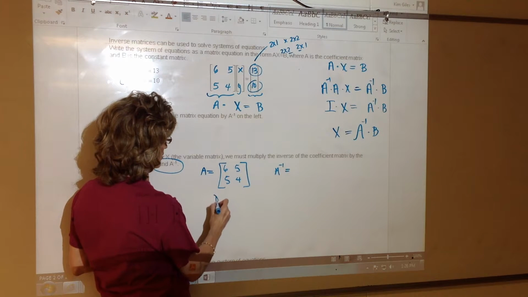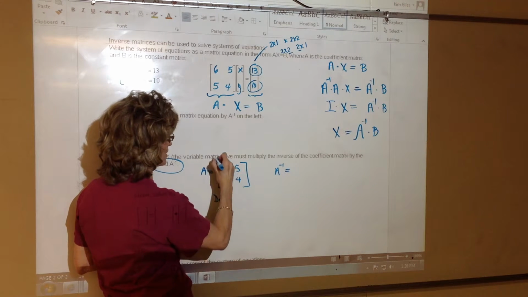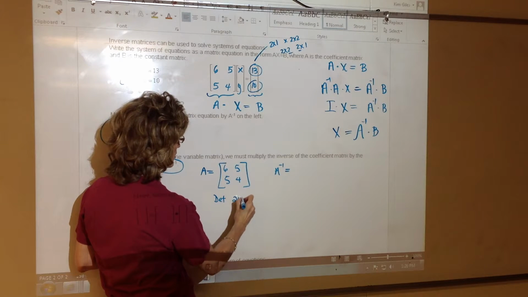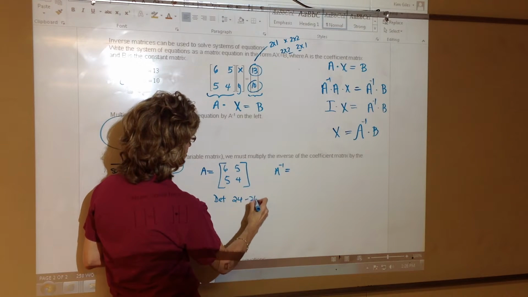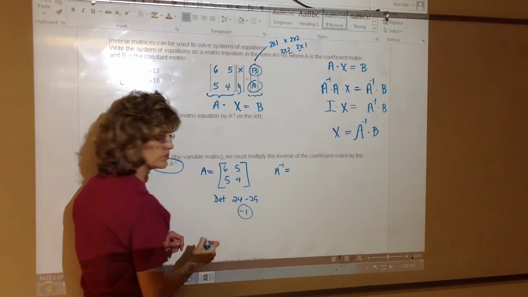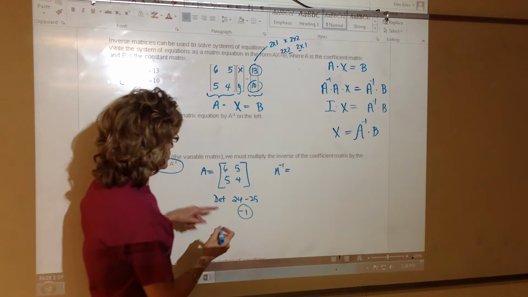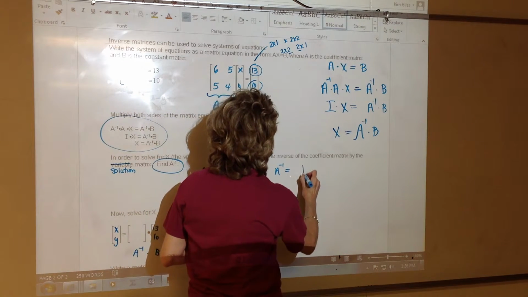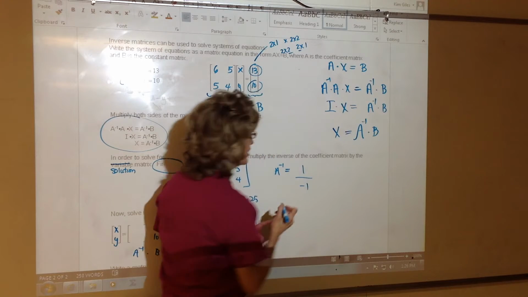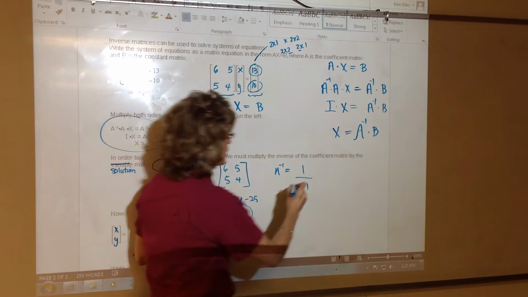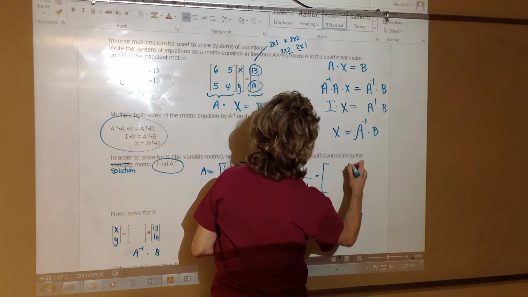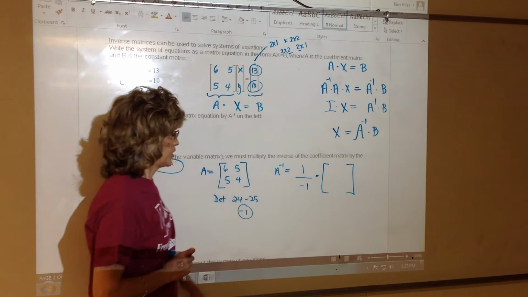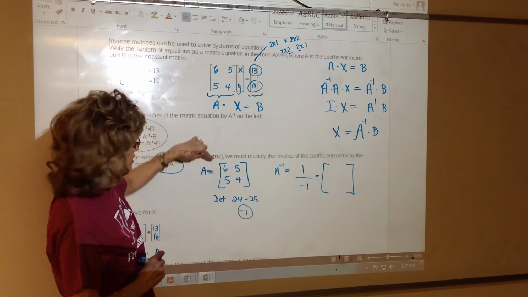Determinant first. Determinant is 24 minus 25, or negative 1. So A inverse is going to be 1 over the determinant, 1 over negative 1, times a modified version of the original matrix. So remind me, what do I have to do to modify this?